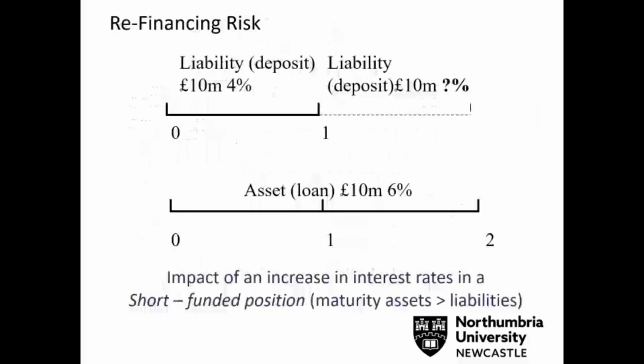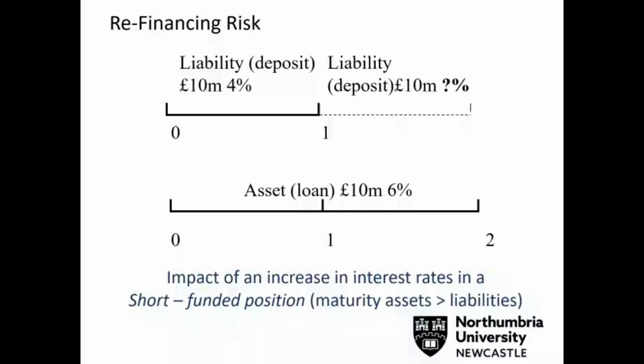If we look at this very quickly on a diagram, this just shows you the potential risk you face when refinancing. The example here: you've got your liability at the top and the asset at the bottom. In year 1, you're paying 4% on a deposit and receiving 6% on a loan. So you're making 2% profit in the first year. But what if interest rates rise dramatically in the second year?